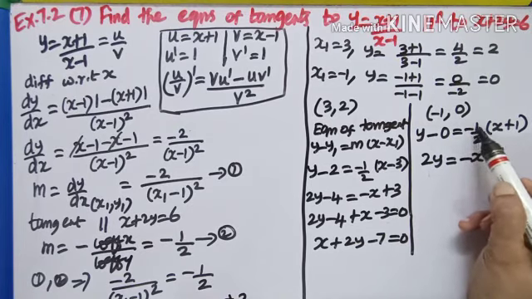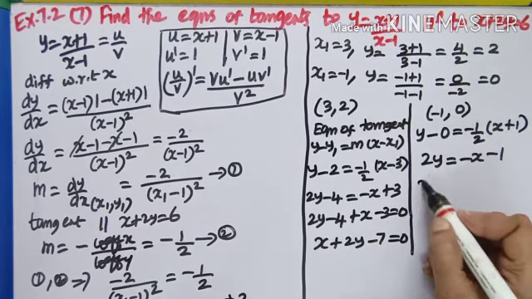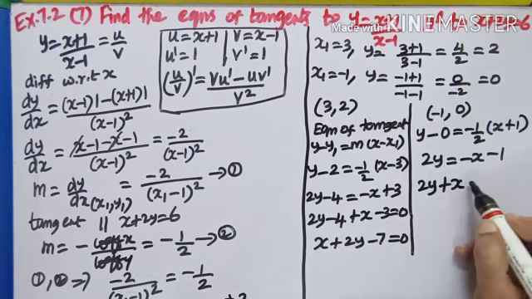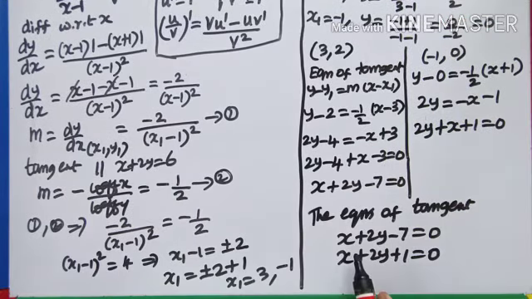Remember, there is a minus symbol, multiply with both: minus x minus 1. Bringing all the terms to the same side, 2y plus x plus 1 equal to 0. So we get the two equations of tangents as x plus 2y minus 7 equals 0 and x plus 2y plus 1 equals 0.